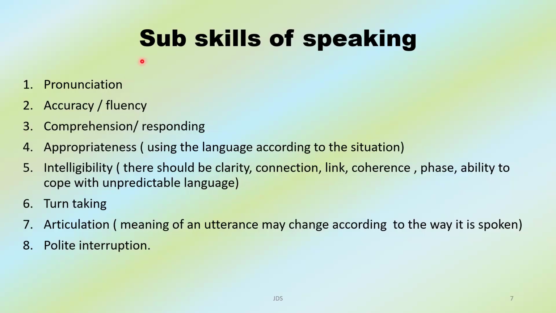So remember, when it comes to handling a speaking lesson, we will be focusing on one of these sub-skills. You can teach any aspect of the sub-skill. Pronunciation means it can be any sound or any word. It can be connected to silent letters. Likewise, these are the sub-skills. We will be teaching one of these sub-skills or any issue connected to one of them.